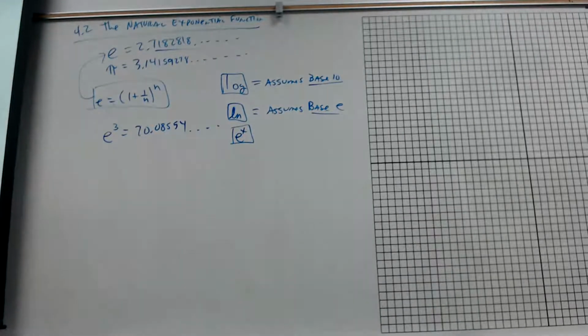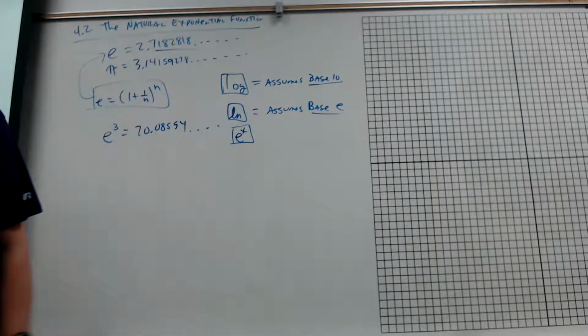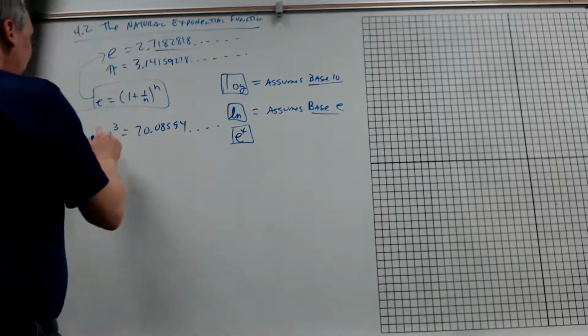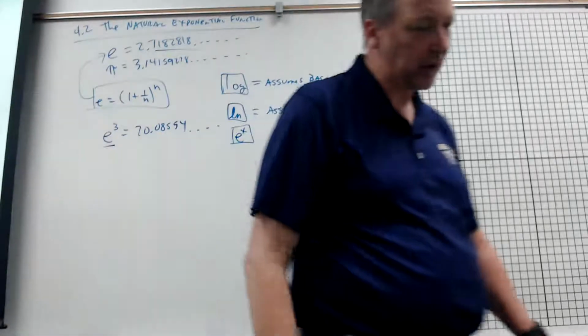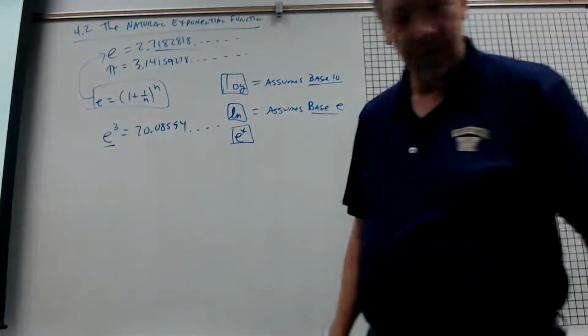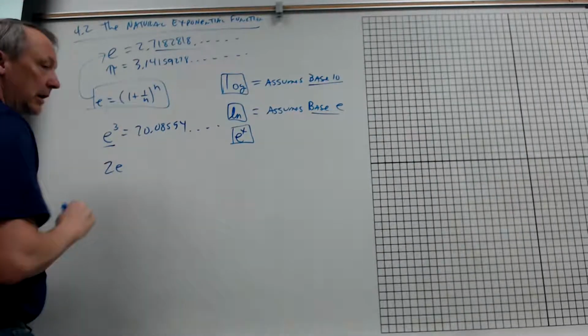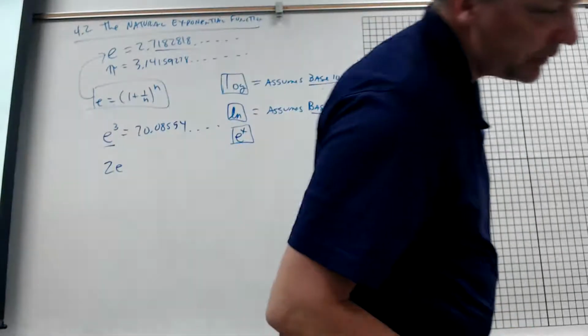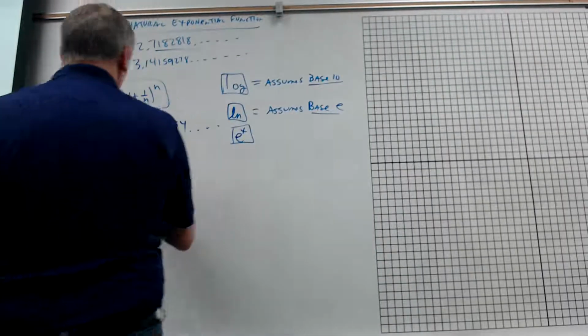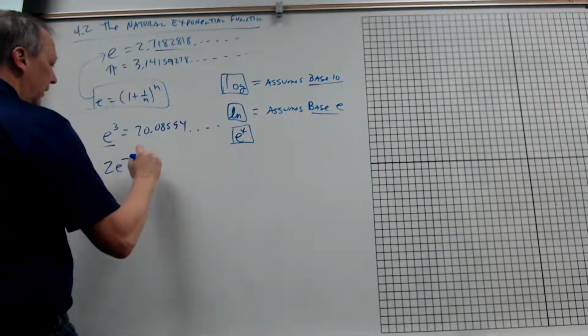Okay? So this section is going to be really easy. It's going to be a repeat of what we did yesterday, only we're using base e for everything. So let's make sure you can plug it in your calculator correctly. 2e to the negative 0.53 power.